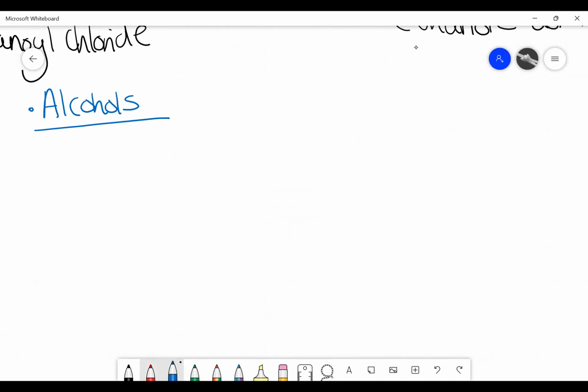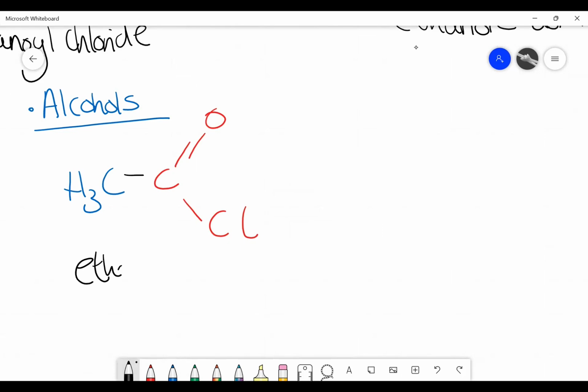So again, we're going to draw out ethanoyl chloride. And it's going to react in this situation. We're going to react it with an alcohol.